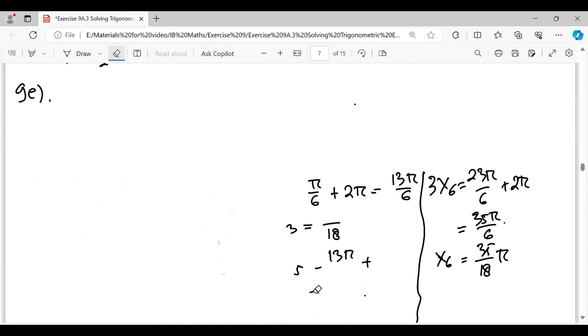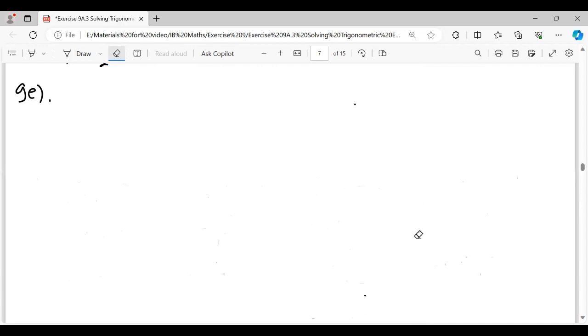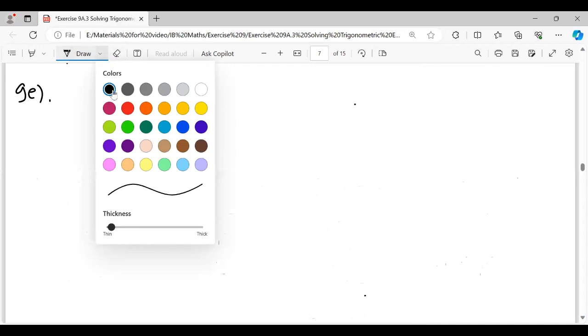I think it's okay if we clean this area first. I thought we just needed space like this, but actually we need more space.